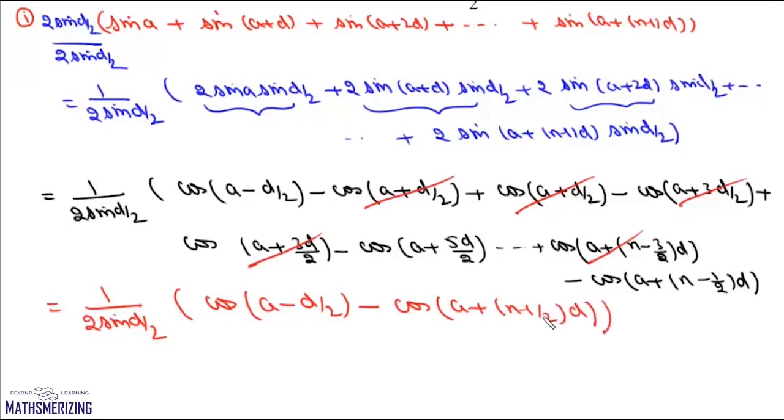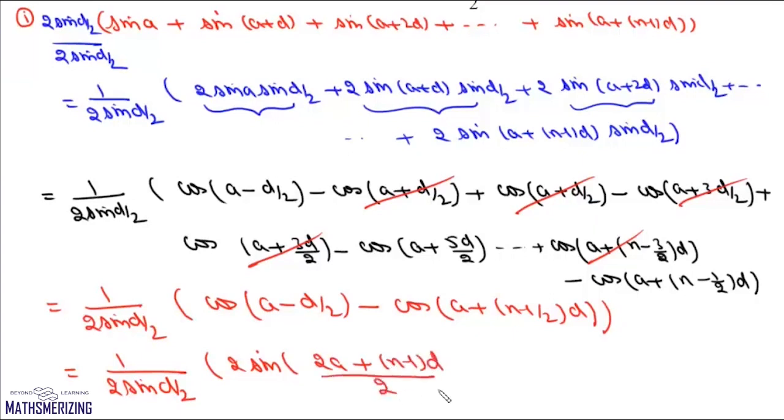Now here we'll use the formula for cos c minus cos d. Cos c minus cos d is 2 sine c plus d by 2 into sine d minus c by 2. So we can write this as 1 upon 2 sine d by 2, and it'll be 2 sine c plus d by 2. Now we'll add them, we'll get 2a plus n minus 1d whole divided by 2 into sine, now d minus c by 2.